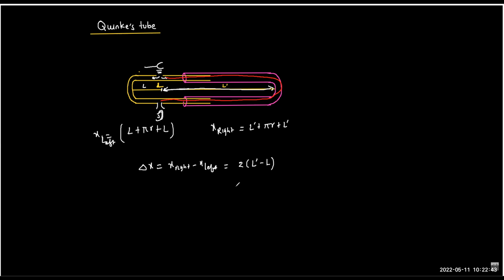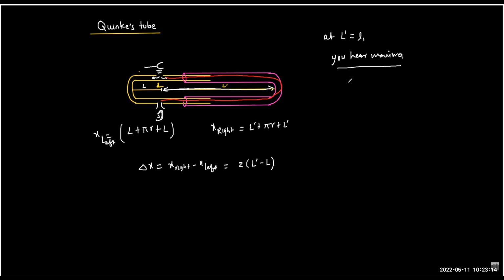So now, let's say for a certain orientation, the way we solve is like this. When L dash equals L1, when the length is L1, you hear maximum.